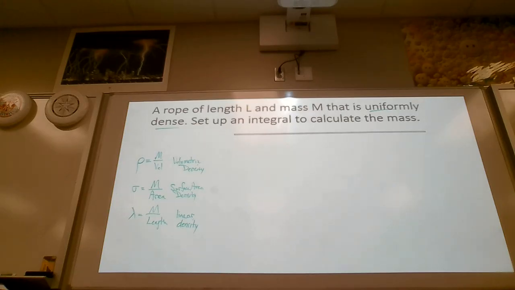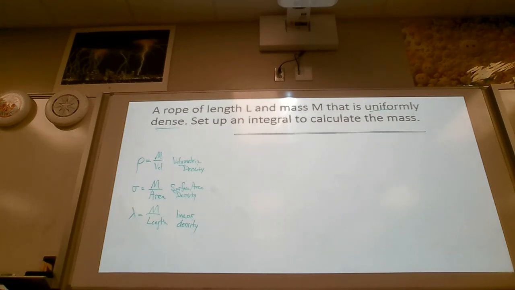Well, a rope. The length is way bigger than the height or the depth. It's negligible. It doesn't carry that much influence.